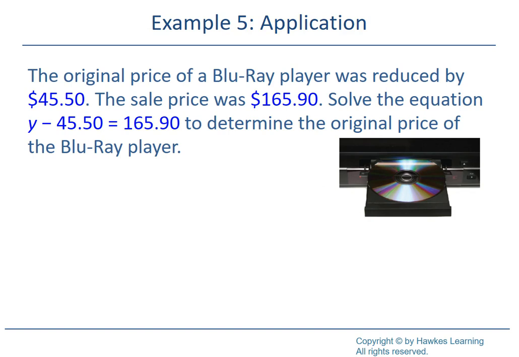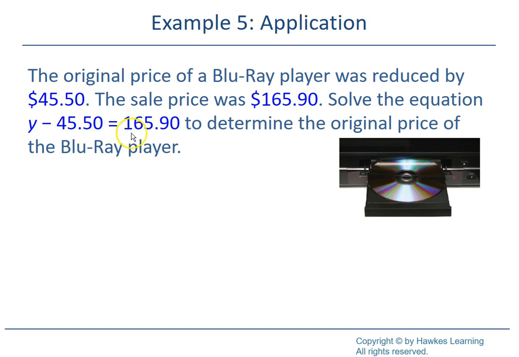Okay, a little application, and again, you're going to have many of these as we go through. A Blu-ray player was reduced by this much. The sales price was this. What was the original price? Well, we're going to say the original price is Y. Take away the discount.